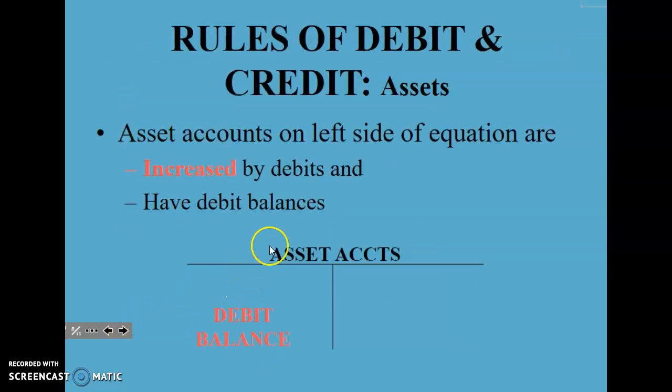All right, for assets, to review, asset accounts on the left side of the equation have a debit balance. They are normally debit balances, so they are increased by debits and decreased by credits, but their normal balance is a debit balance.